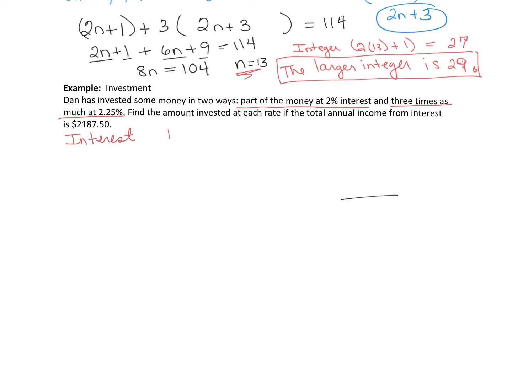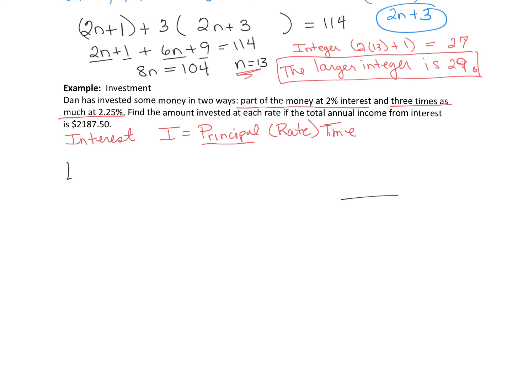So we're talking here simple interest, and we know that interest is principal times the rate times time. Now, principal is the amount that we're investing. The question is, find the amount invested at each rate.